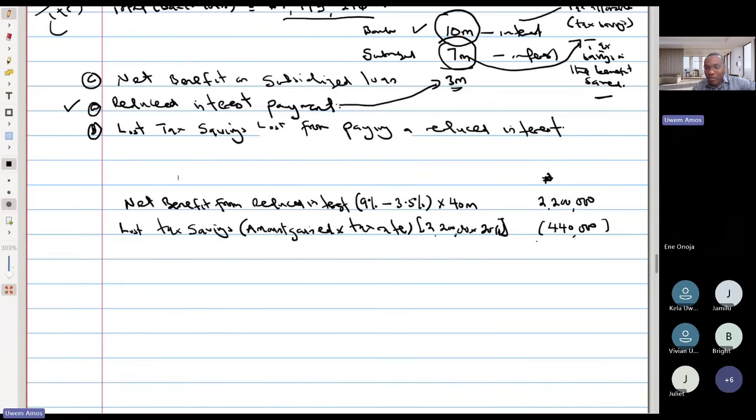Okay, so what's the benefit per year? The benefit per year is 2.2 million minus the 440,000, which is 1,760,000.